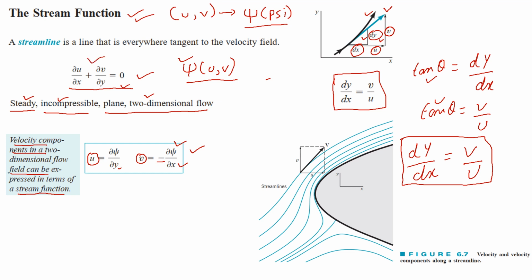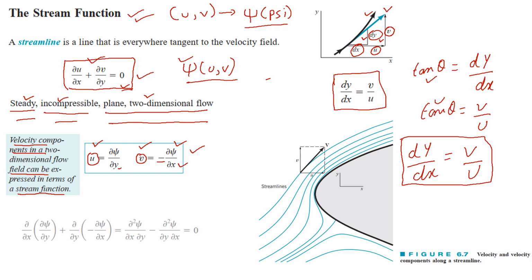So let's put the values of the u and v velocity vectors in the differential form of the continuity equation, that is for a steady, incompressible and plane two-dimensional flow. By putting these values in, this is what we are going to get.